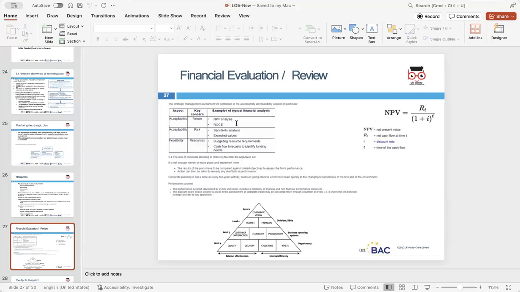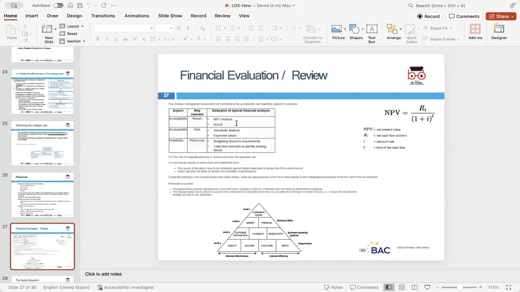Tools such as NPV, or net present value analysis, return on capital employed, sensitivity analysis, and expected values are often used to determine whether a strategic initiative will provide the desired return. These methods help evaluate the acceptability of a strategy.